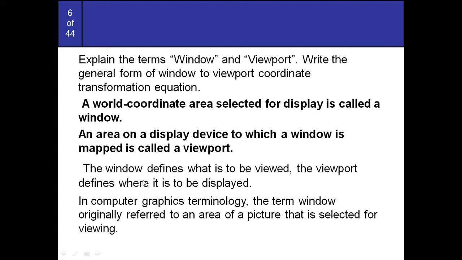That mapping has to be done, and then the transformation of the image takes place from the world coordinate system to the viewport coordinate system. In simpler terms, the window defines what is to be viewed, and the viewport defines where it is to be displayed. The area of the image that we want to display is the window area, and where we want to display it is the viewport area.